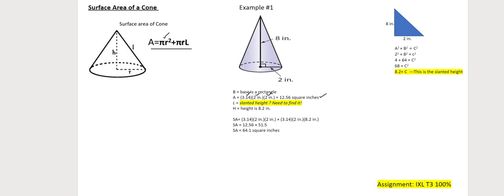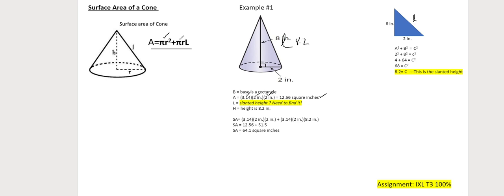Now what do I need to do? I need to add pi r L. Well, I need the slanted height. Notice I do not have the slanted height, the L on the side. Okay, I don't have that. So I need to use the Pythagorean theorem again to find the slanted height. And if I do that, I get 8.2. So that means that this height is 8.2.